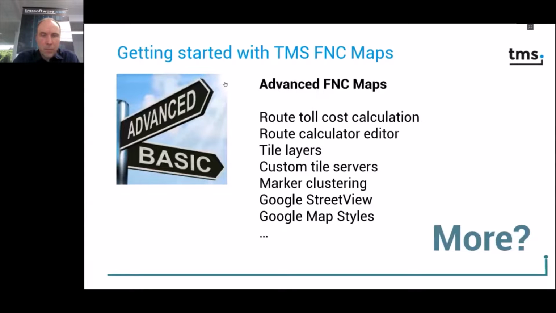Marker clustering, putting different markers together within one big marker, was not covered today. Google Street View that you can enable, Google Maps tiles, and many, many more small features were not covered. And these can possibly be covered in an advanced FNC Maps webinar.